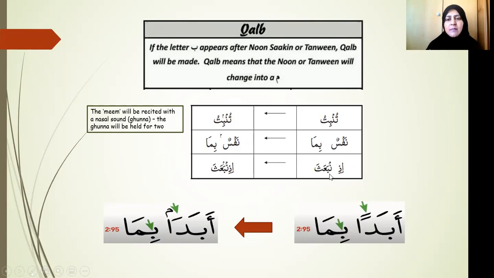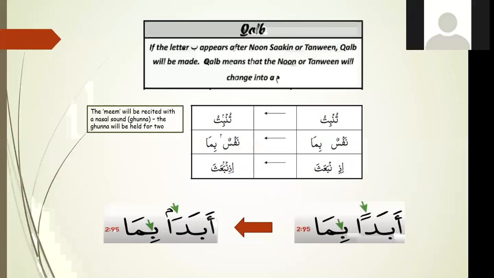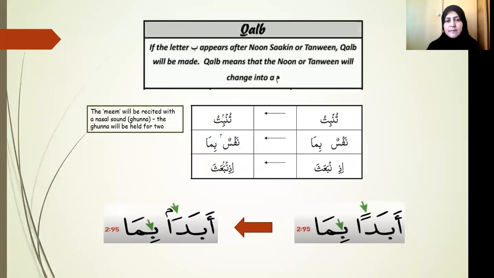So idin ba'atha will have to change because the noon sakin is followed by the letter ba here. So somebody recite the next example. May I try it, sister? Go ahead. Bismillahir Rahmanir Rahim. Izim ba'asa. Okay, so now we've learned the makhraj of the letter dal in the last few lessons.